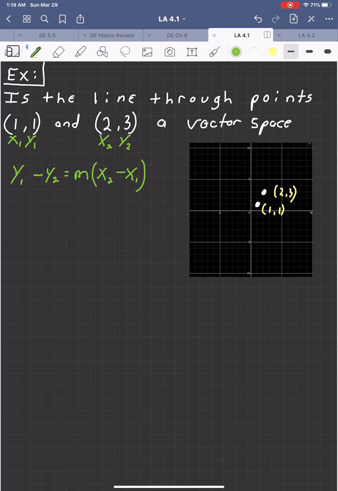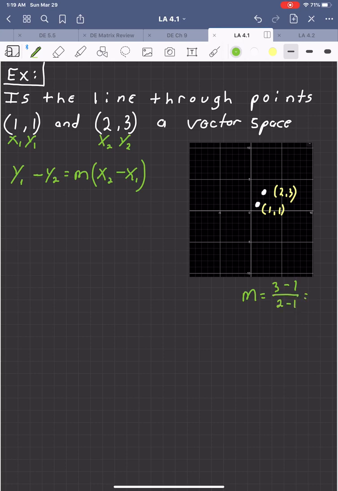But of course, what am I missing? Now, obviously, I'm missing the slope of that line. But that's not that bad either. The slope is just simply going to be 3 minus 1 over 2 minus 1.